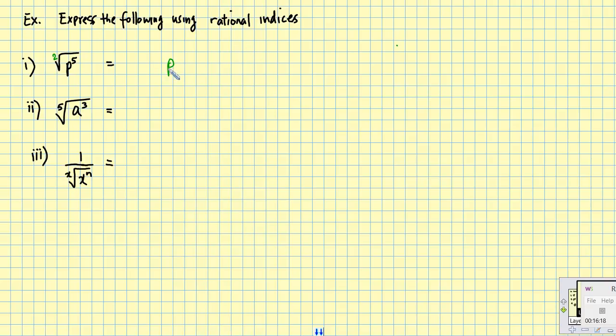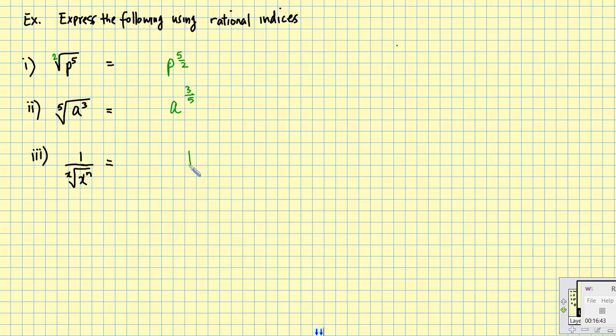So what this actually is, is p raised to the power of 5/2. This next one would be a raised to the power of 3/5. It's like saying the 5th root of a raised to the power of 3. And then the next one, okay, so we're going to take different steps here.